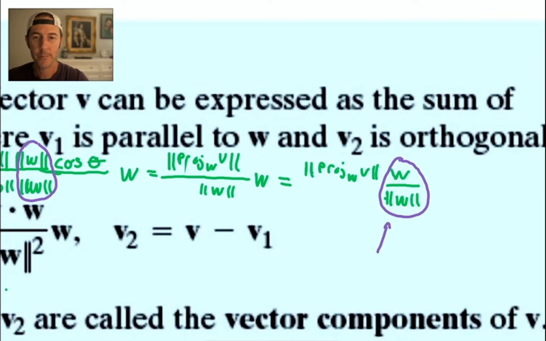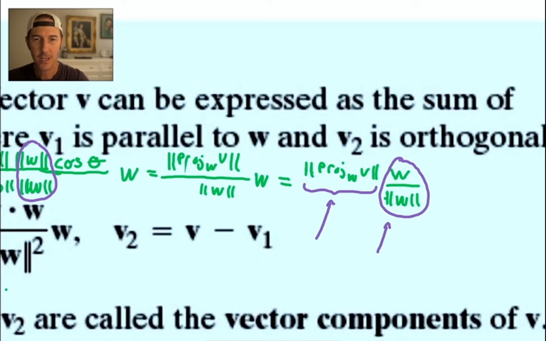Unit vector pointing in the same direction as w. That's the short version of what that is. Then we're taking that unit vector that points in the same direction as w, and we're multiplying it by this number, which is the magnitude of the projection of v onto w.